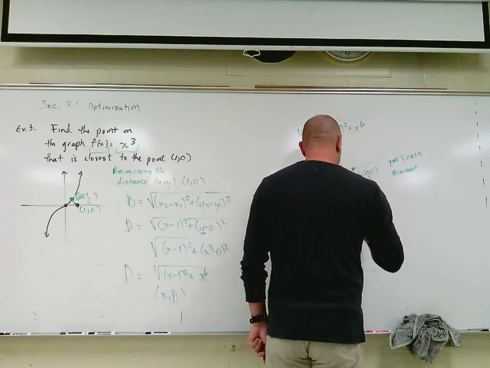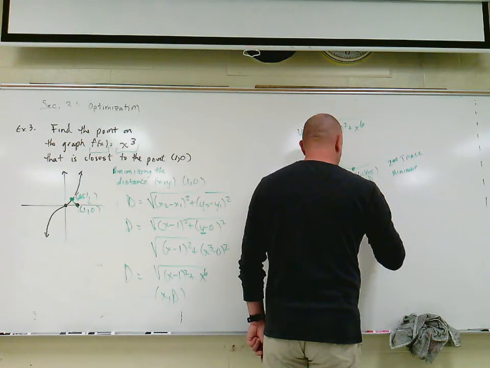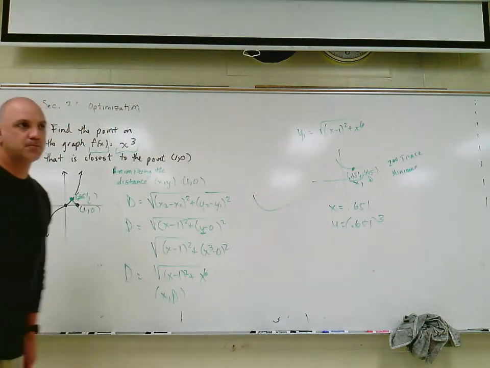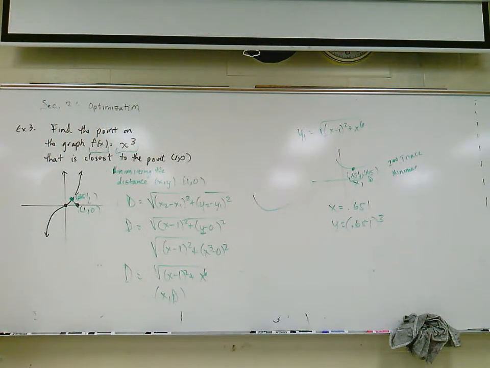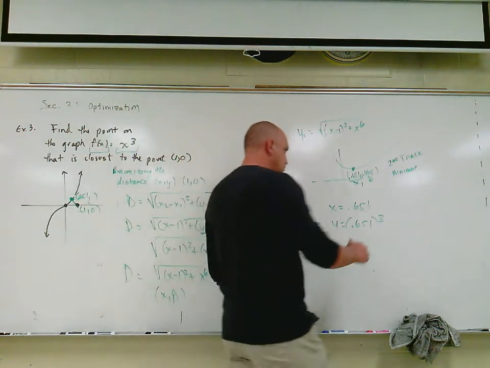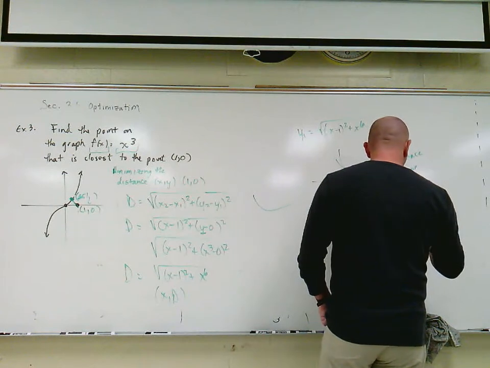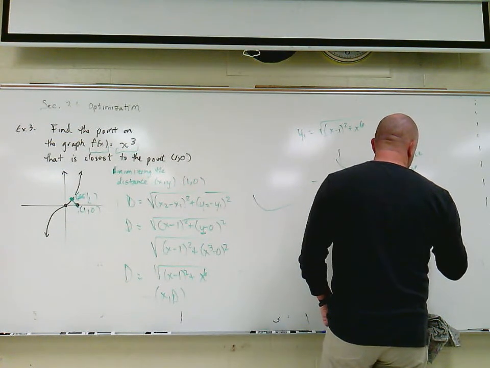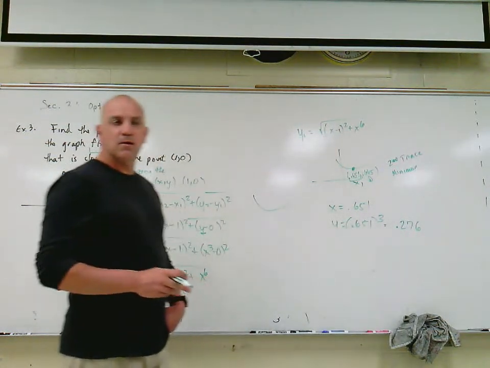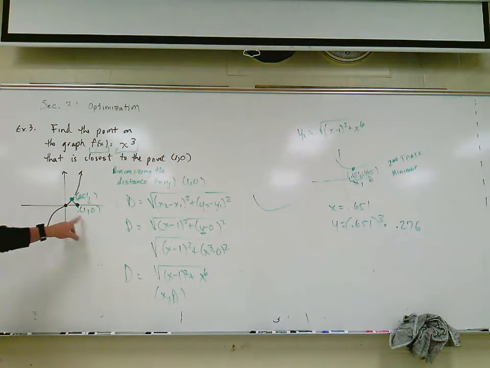So my y is going to be 0.651 cubed, not 0.445. What do you get when you cube 0.651? 0.275. Well, round it to 3, 0.276. Okay, and there you go. And that's the point on this graph that's closest to the point.